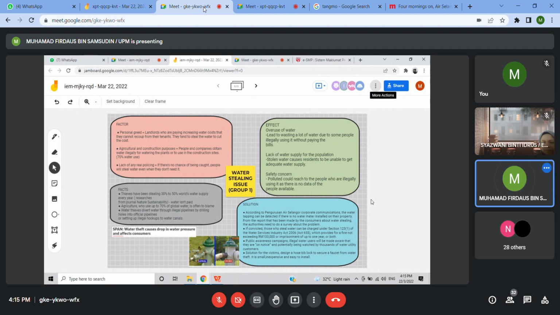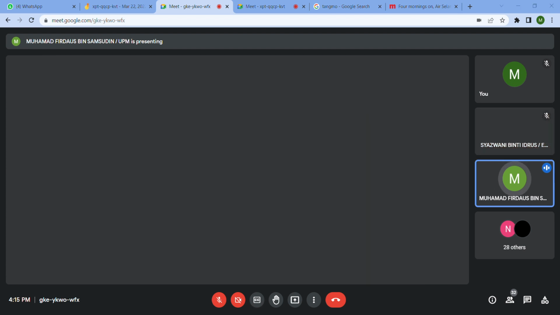Okay, and then if convicted, those who steal water can be charged under Section 123 of the Water Services Industry Act 2006. And then the precaution or the way we need to do is by public awareness campaigns. And then the last one is maybe the solution for the victims, by designing a hose bib lock to secure the property from water tapping.